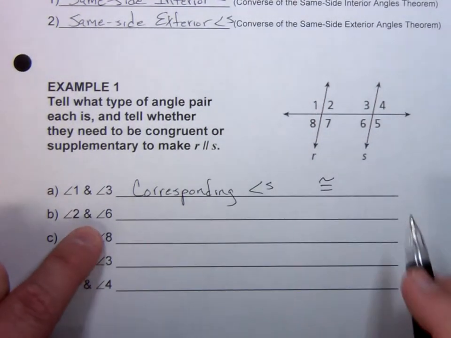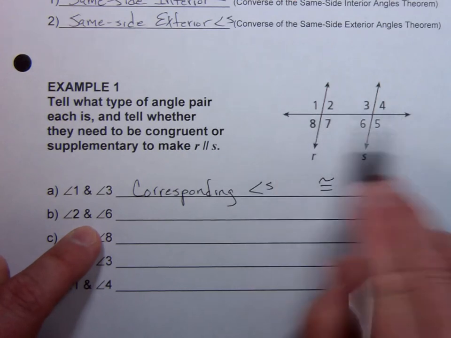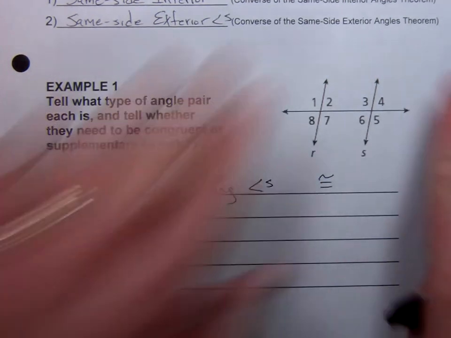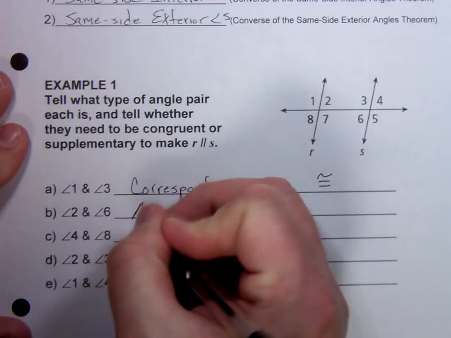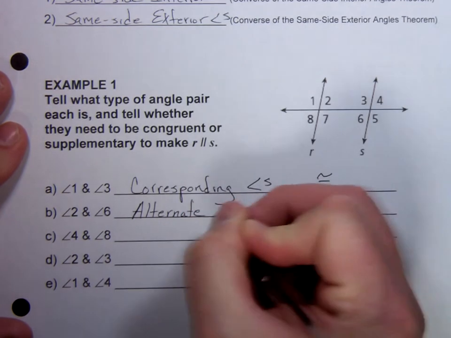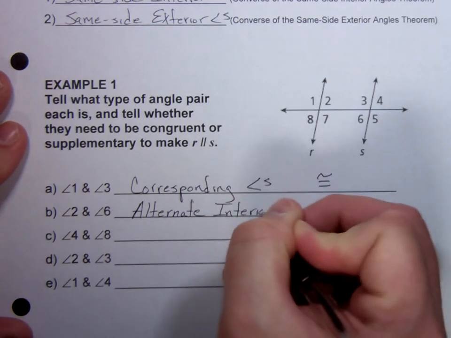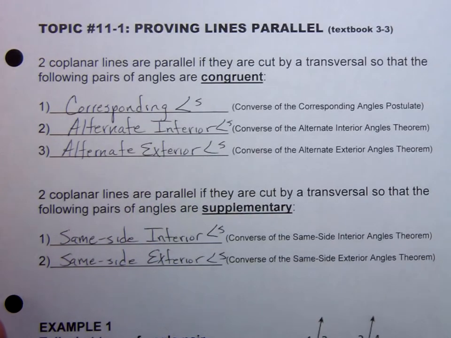Okay, angles 2 and 6. Here's 2 and 6. Notice they're on different sides of the transversal, so they're alternate. They're in between the two lines, so they're interior. These are alternate interior angles. And alternate interior angles also have to be congruent for the lines to be parallel.